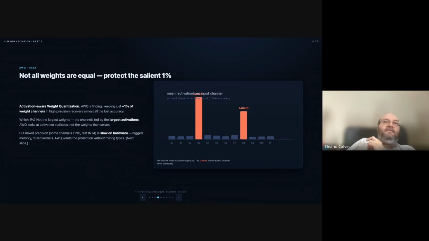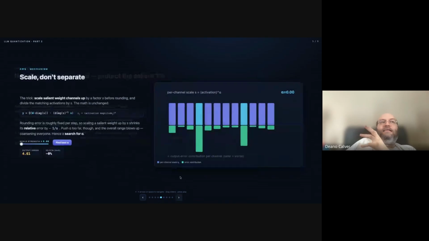So what the paper did quite cleverly is it doesn't mix the types, it scales them. So it goes back to that original diagram of the ticks: if you can adjust it so that the scale is biased towards your important weights, and your other weights are biased in such a way that they get quantized badly, you can get away with it.